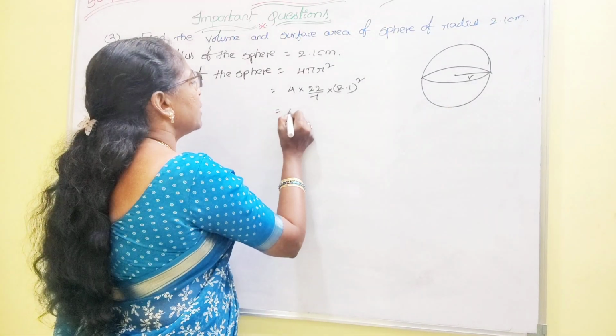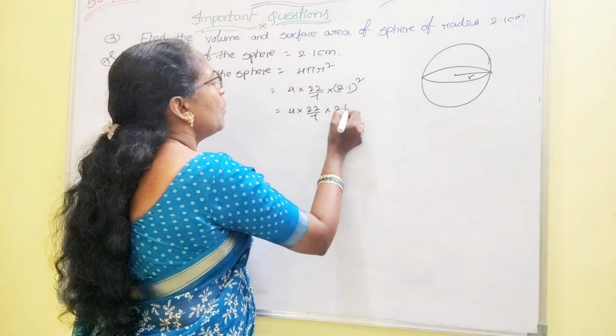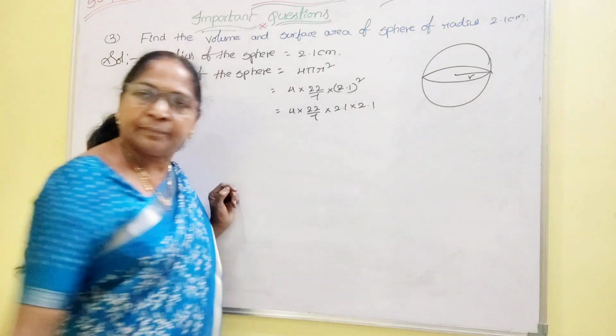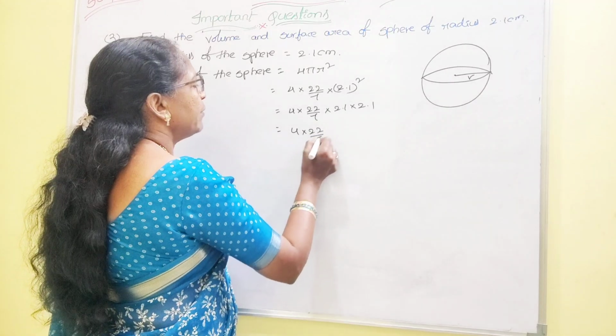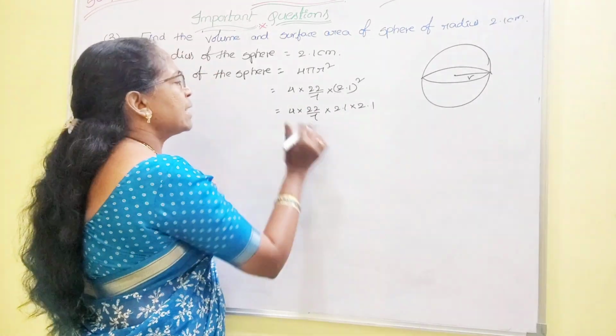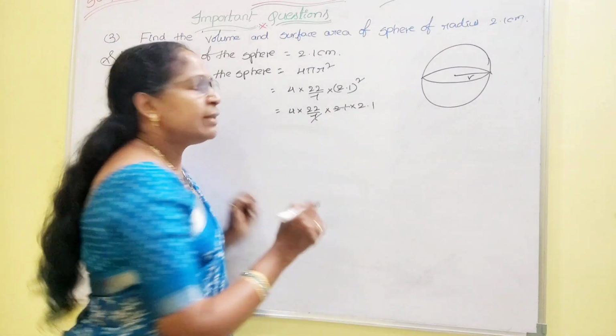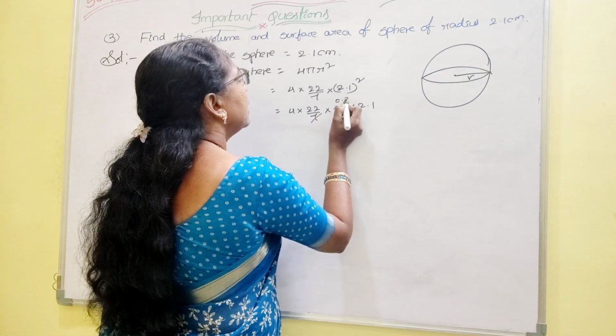Just substitute the values in this formula. Next simplification: 4 into 22 by 7 into 2.1 into 2.1. Now directly you can cancel here, 7 in the 7, 3 times 21, but here 2.1 means 0.3 times.